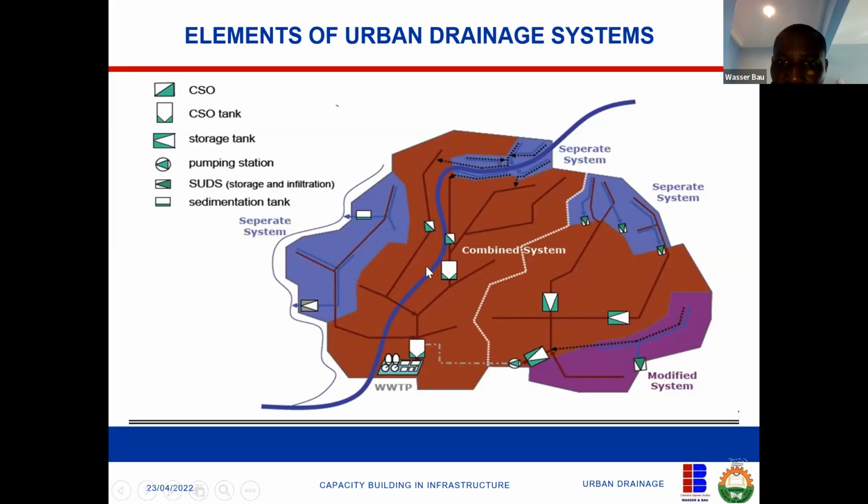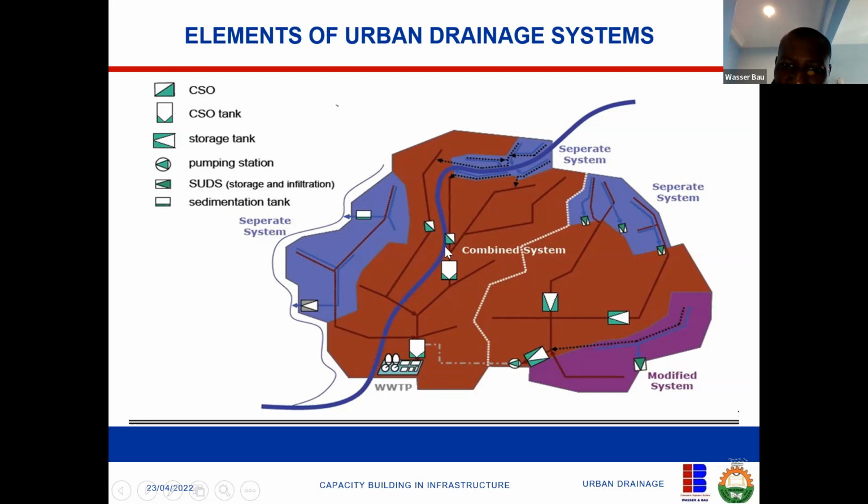So if you look closely, you see that as the water is coming here on a separate system, it simply goes into the wastewater treatment plant. On the combined system, you see the sewage coming, then you see the stormwater coming, and the two of them pass through an overflow structure, and they go to the treatment plant.